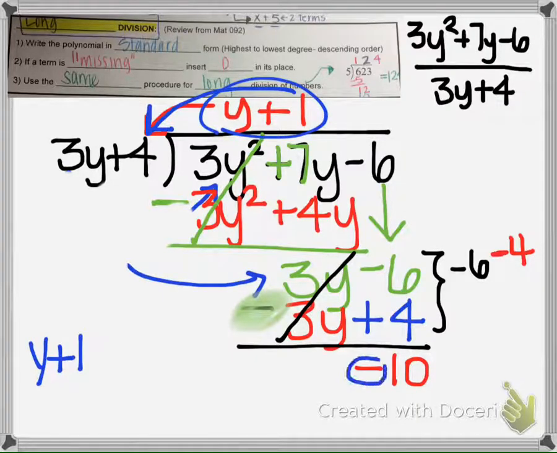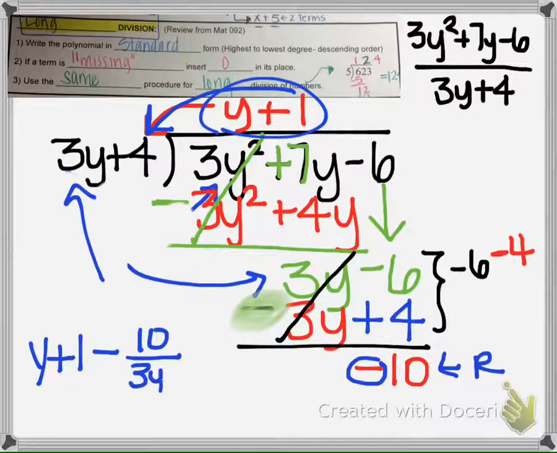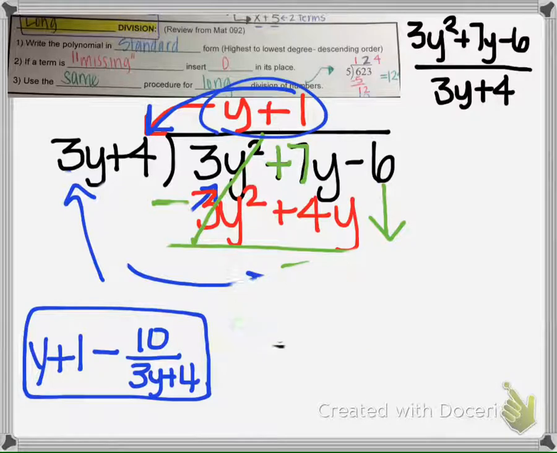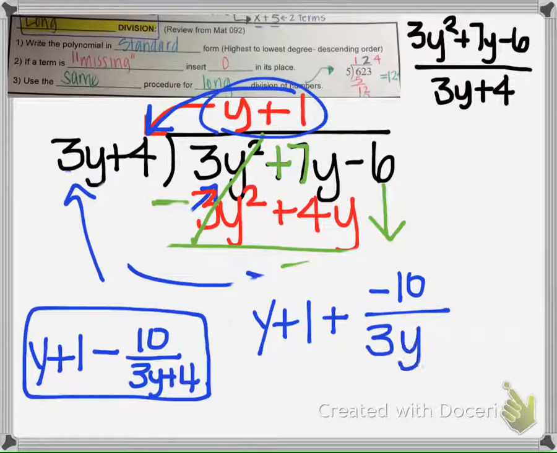And since this remainder is negative, we're either going to put minus 10 over 3y plus 4. So that's one way to write our answer, or we could also write it as y plus 1 plus negative 10 over 3y plus 4.